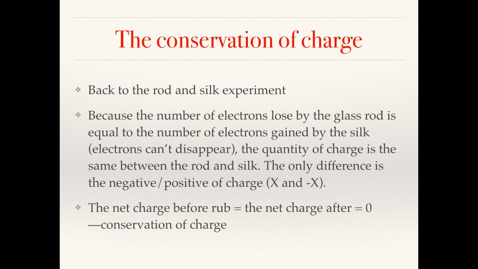It's like x on the glass rod and minus x on the silk. So when we calculate the net charge before the rub and after the rub, we will get 0 both times, since the glass rod and silk are both neutral before. So this again testifies to the conservation of charge.